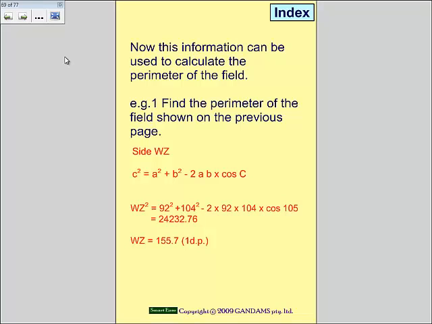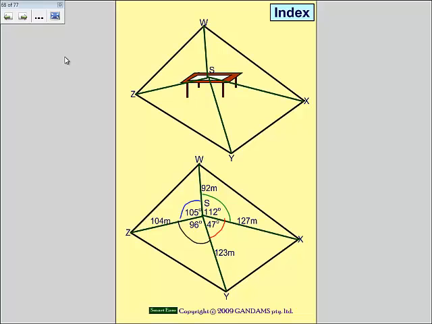So now this information can be used to calculate the perimeter. Going back to our diagram, remember that the perimeter is the distance around the edges. I might get rid of that and use the colours that I've done for the angles.